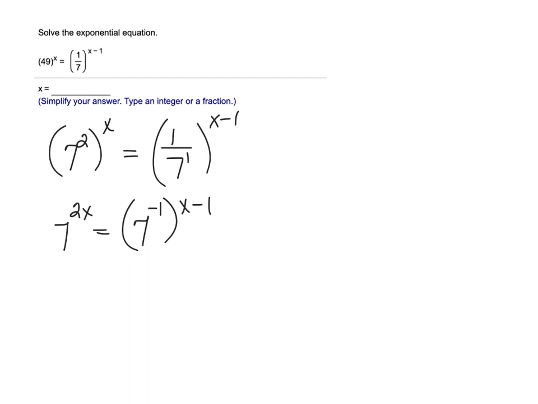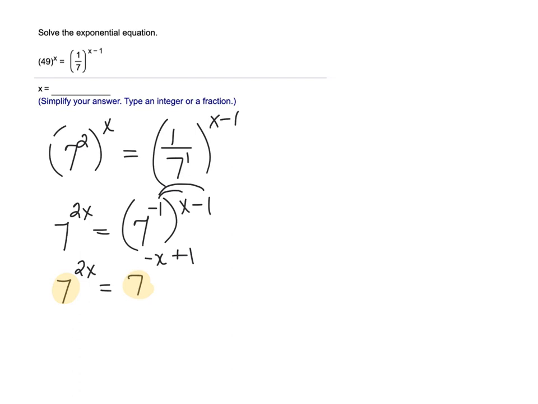That's where I got 2x. And for the second part, you have to multiply negative 1 times each term. So we would have 7 to 2x, and that would be 7 to negative 1 times x, and negative 1 times negative 1 is plus 1. Okay, so now we have 7 equals 7, right here.